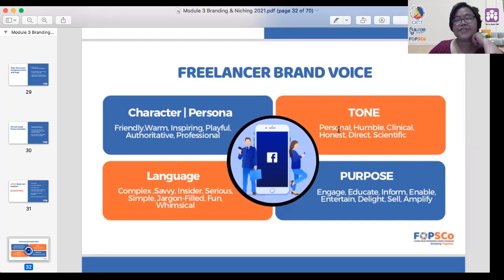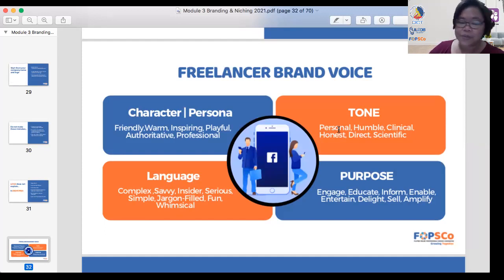So, freelancer brand voice. Well, the character or persona should be friendly, warm, inspiring, playful, authoritative, professional. The tone should be humble, personal, clinical, honest, direct, and scientific. Okay. For language, it should be complex, savvy, insider, serious, simple, jargon-filled, fun, whimsical.